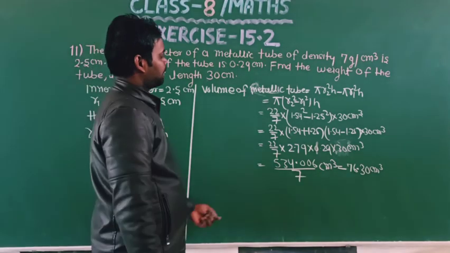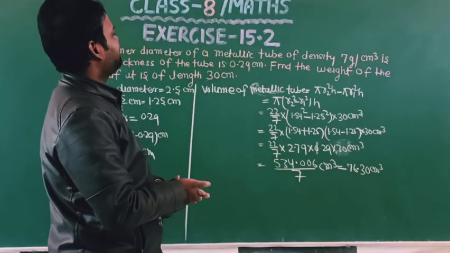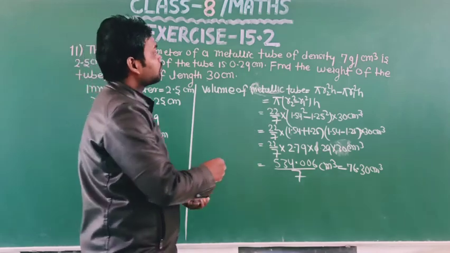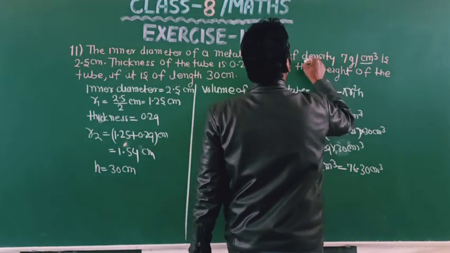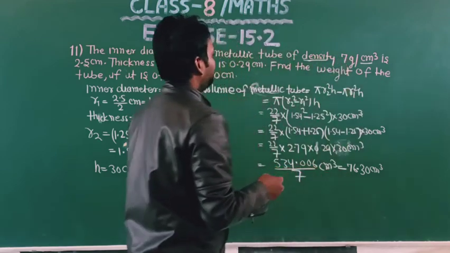So this is the required volume of the metallic tube, and it is also given that 1 centimeter cube has density 7 gram, means weight.